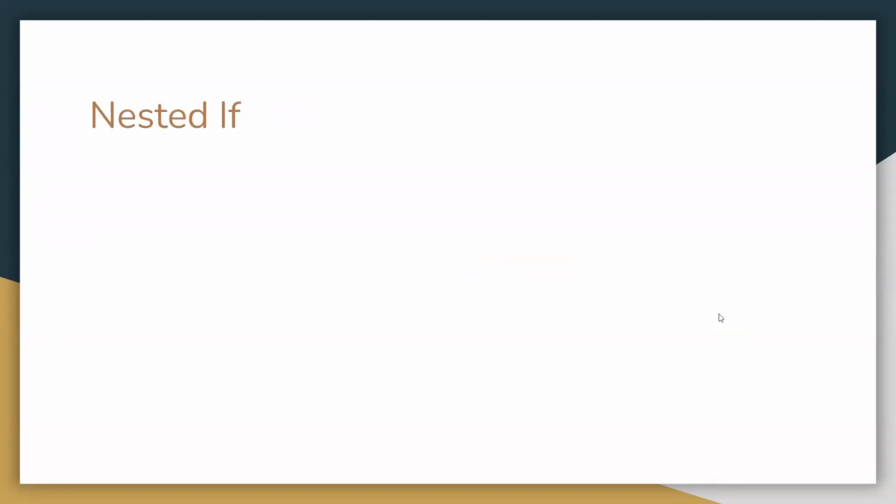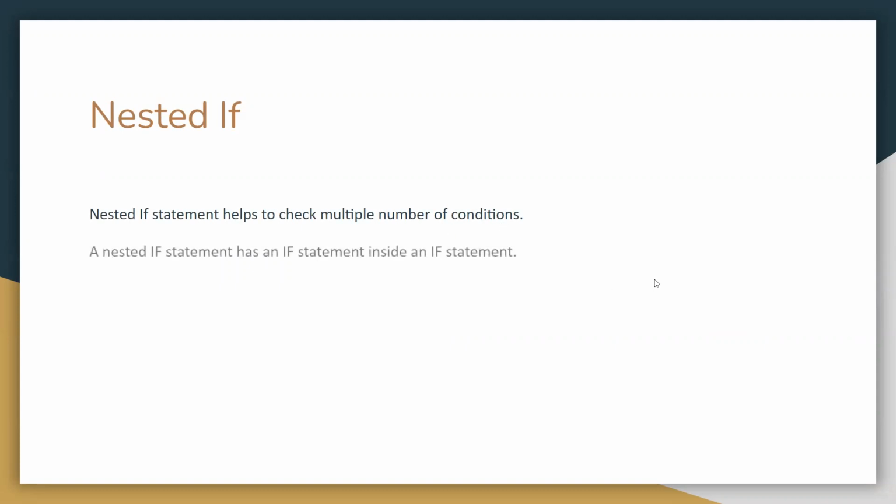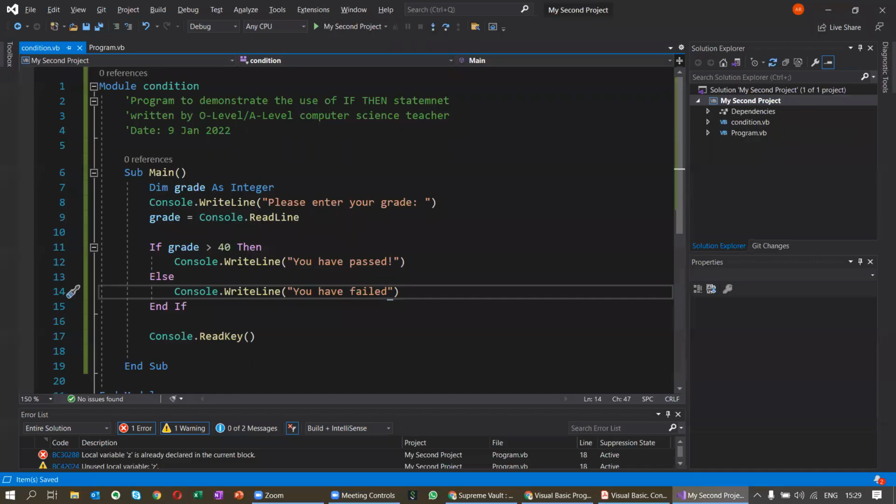We have another which is called nested if. Nested if statement helps to check multiple number of conditions. A nested if statement has an if statement inside of an if statement. So let me show you how it works. Okay, again in Visual Basic.